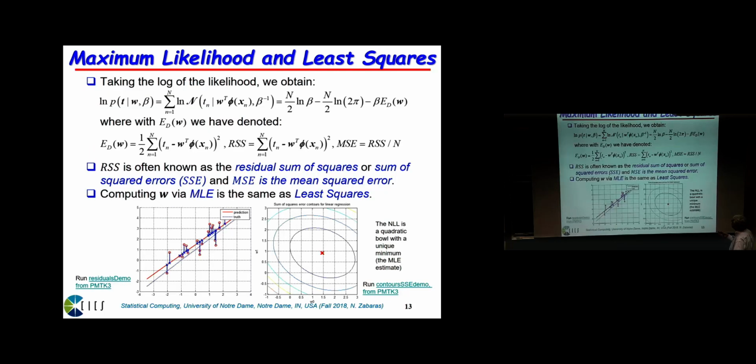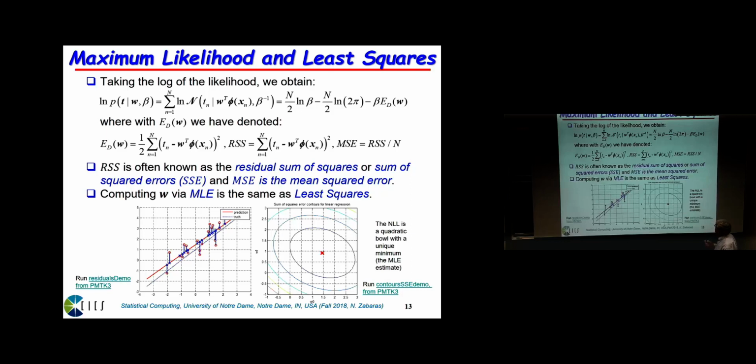If you expand the negative log likelihood, it looks like this, where one of the terms in which the parameters appear is the error you make on your training data predictions by using this regression function W transpose phi. That's why we said that the MLE estimate is the same as minimizing this error, which is basically a least squares problem.